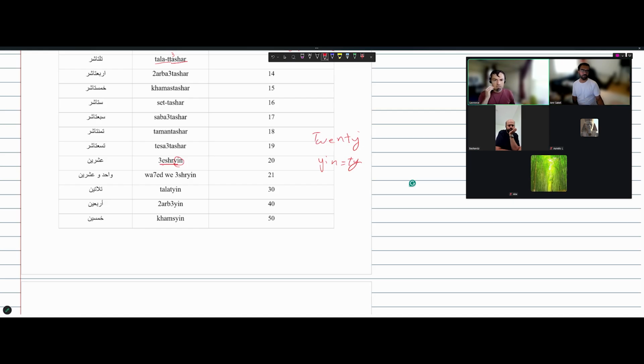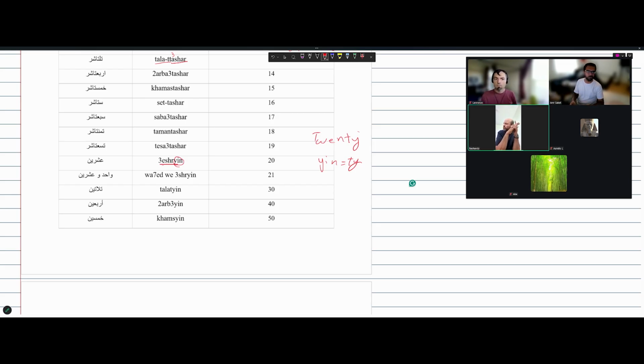I have a question about the "in" ending, because for 20 you said it's the dual ending, but it looks the same for the other numbers. Do you have an explanation? Yeah, well, in Arabic it has cases. So in classical Arabic, you'd say either أربعون or أربعين.